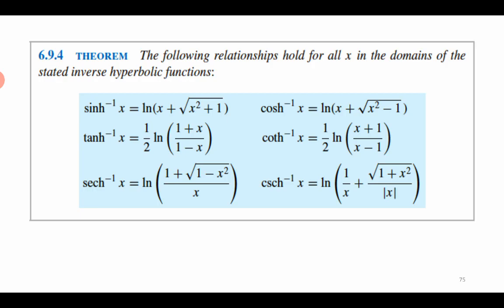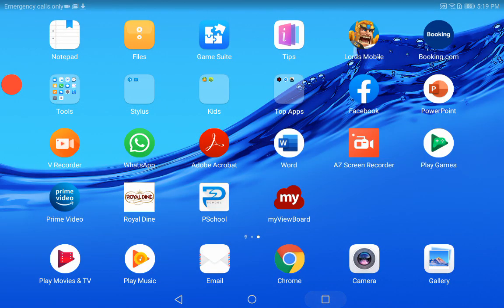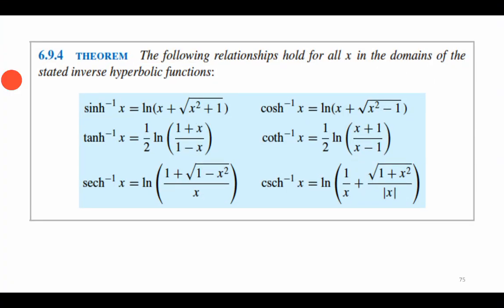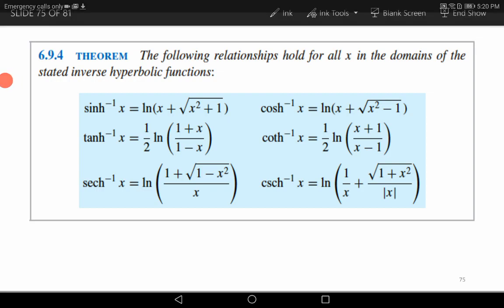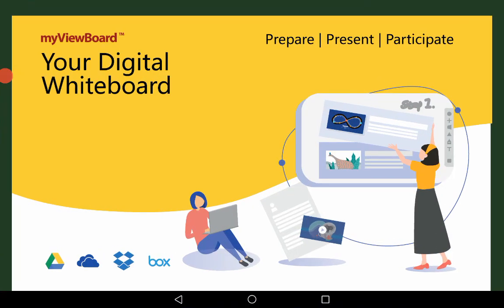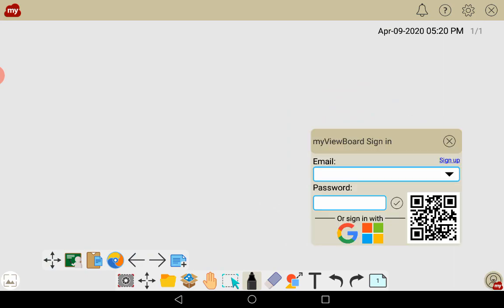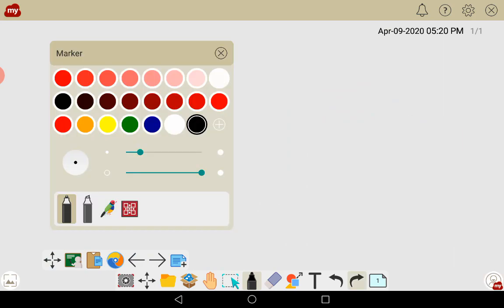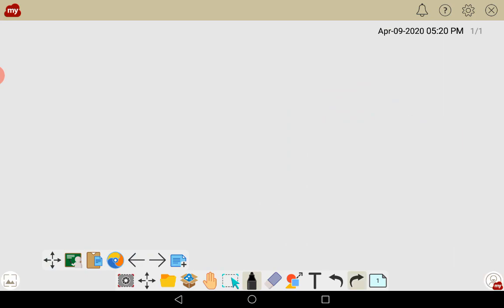For example, I will show you the proof for inverse sine hyperbolic x.